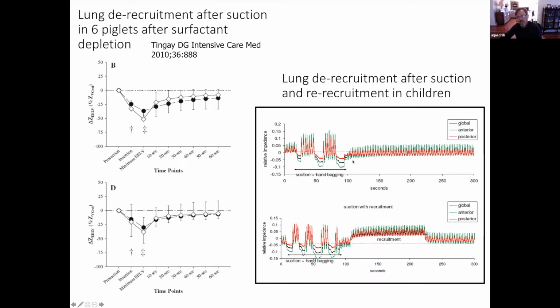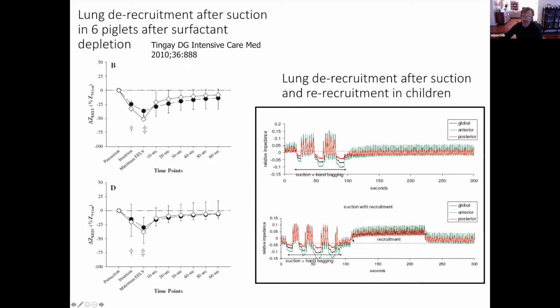That's why we've done a study in children where we performed suction, and you can see these 3 episodes of suctioning: every time, after the handbagging, a disconnection, handbagging, disconnection, you keep on losing lung volume.